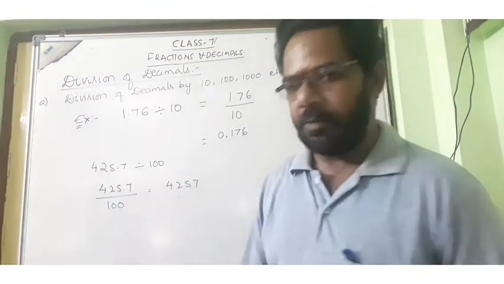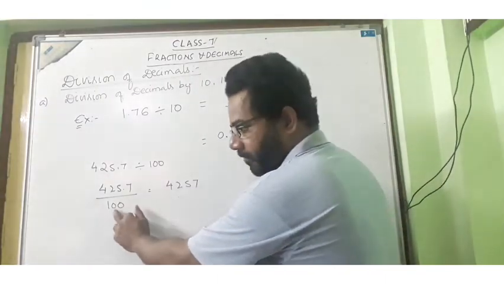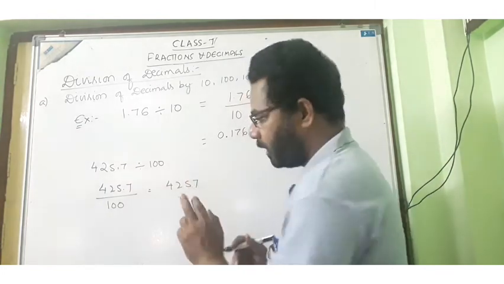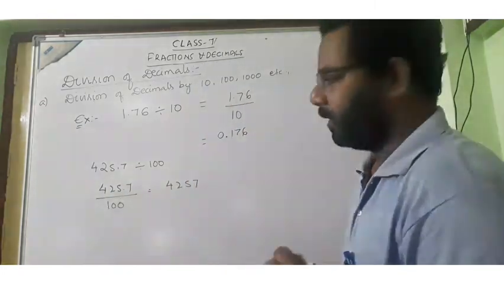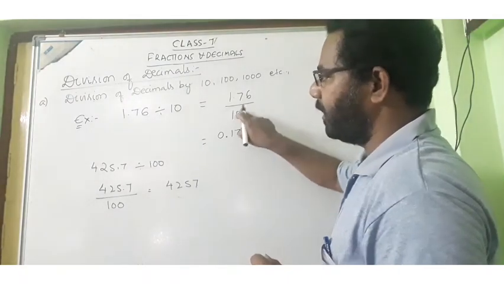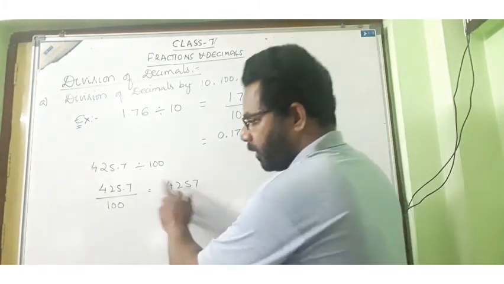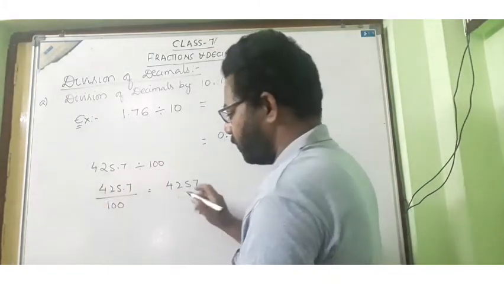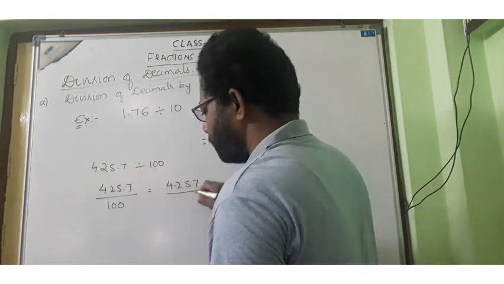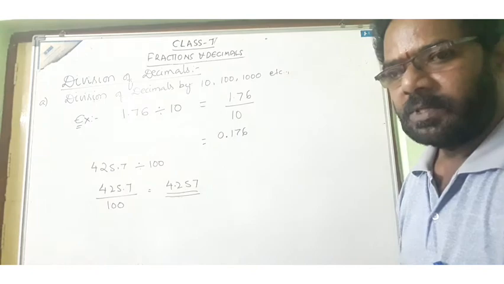But what I told you, in the division, if you divide with 100, after 1 there are 2 zeros. That means the point will be jumping left hand side 2 digits. Here for 10, 1 digit, that means it is jumping left hand side 1 digit. Here 2 digits, so from here you have to count 2 to the left hand side. That means 4.257. This is the answer. Understand?